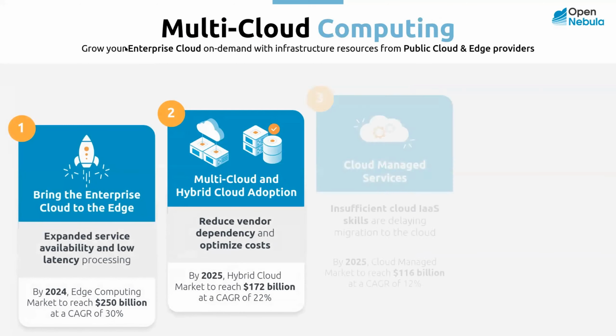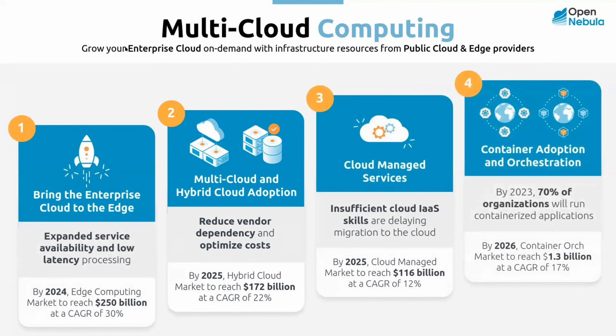So why this move from the private cloud to the multi-cloud and edge computing? Well, just bringing you here some details, some market research about the trends in the cloud sector. You are probably very aware of all these changes that are taking place right now.